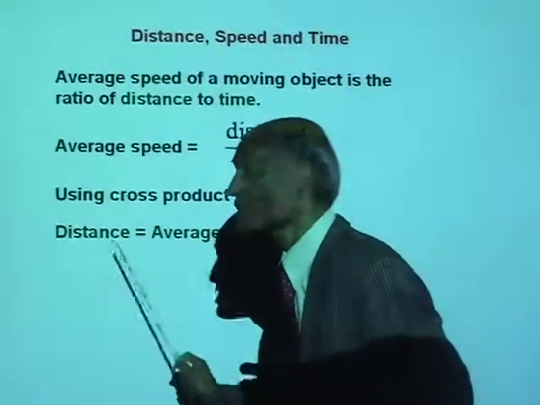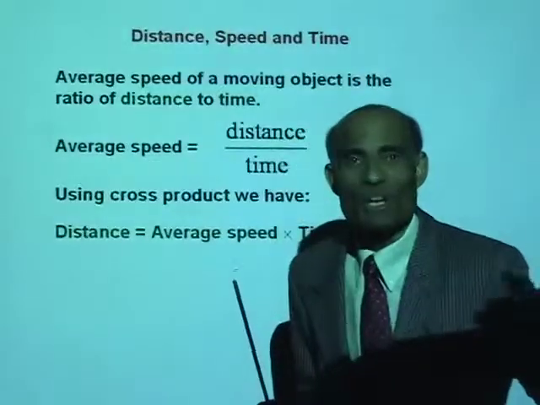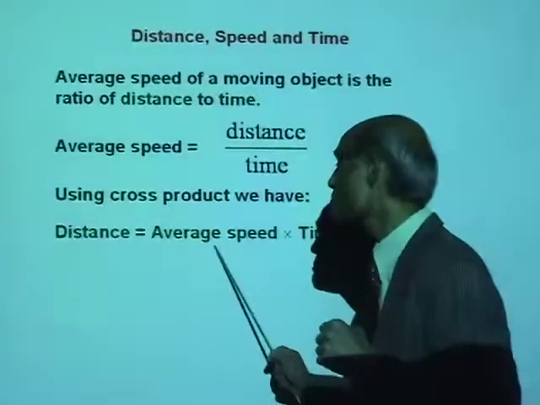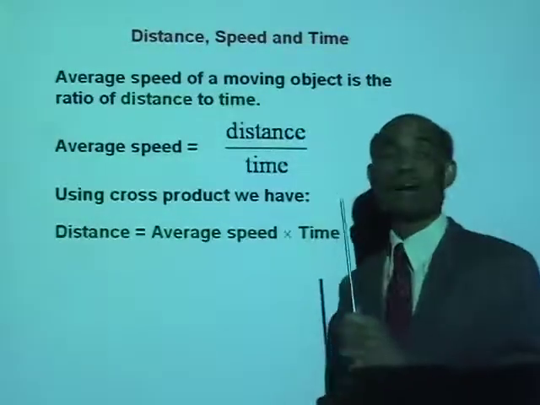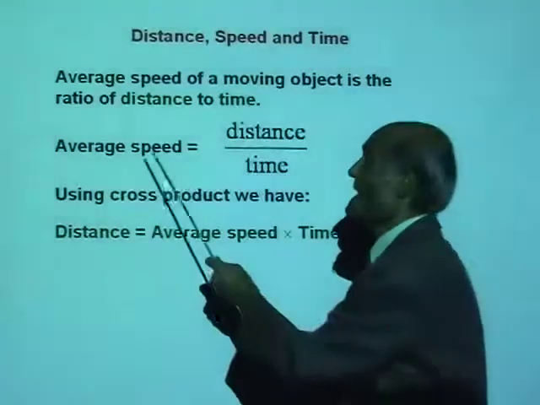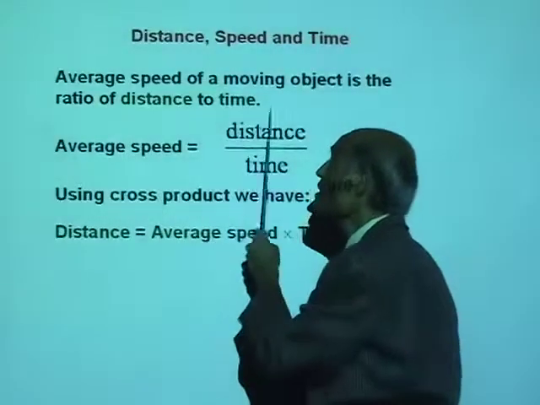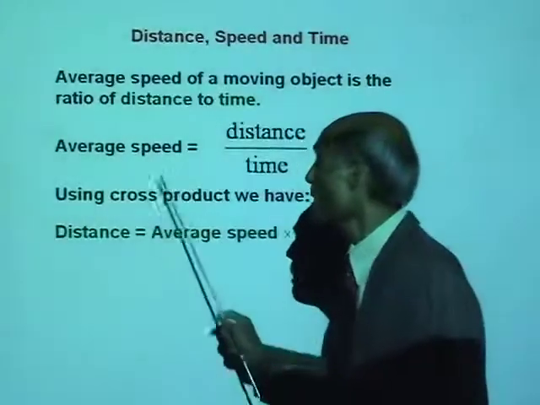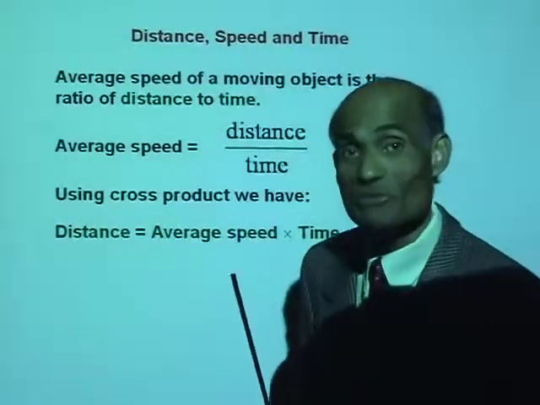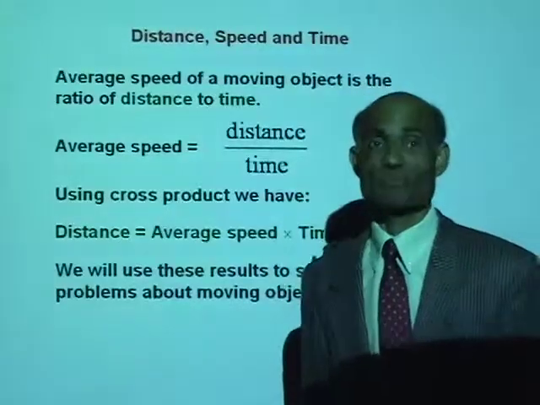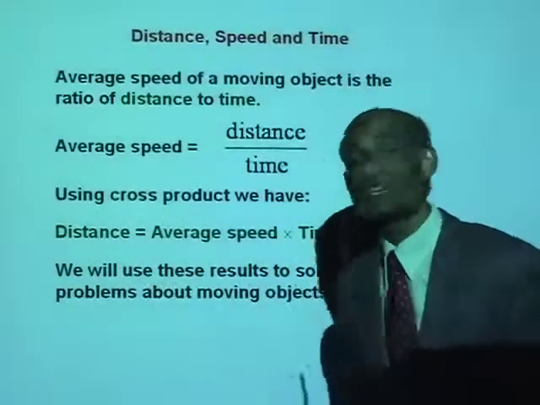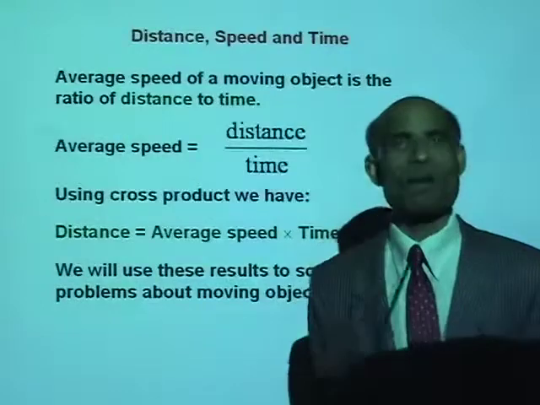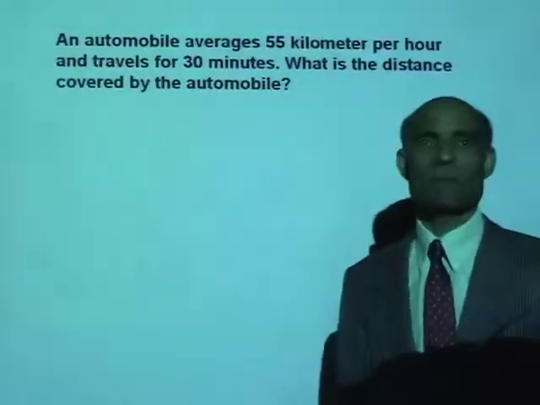So distance covered by a moving object is average speed multiplied by the time. And average speed is the ratio of distance to time. And both these formulae you must know. And we are going to use these results to solve a simple problem. Let's see how we can do that.